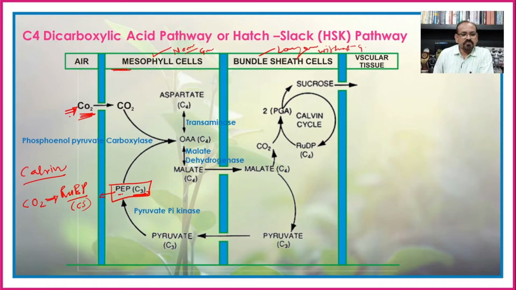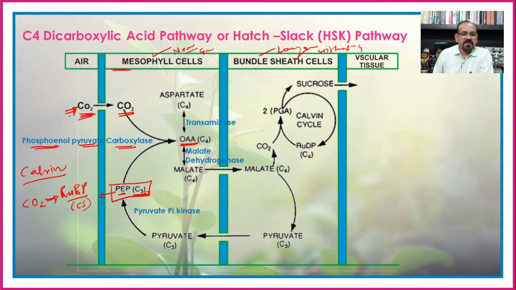So when the phosphoenol pyruvic acid absorbs the carbon dioxide from the air, it converts into oxaloacetic acid in presence of the enzyme phosphoenol pyruvate carboxylase. This is the process of carboxylation.